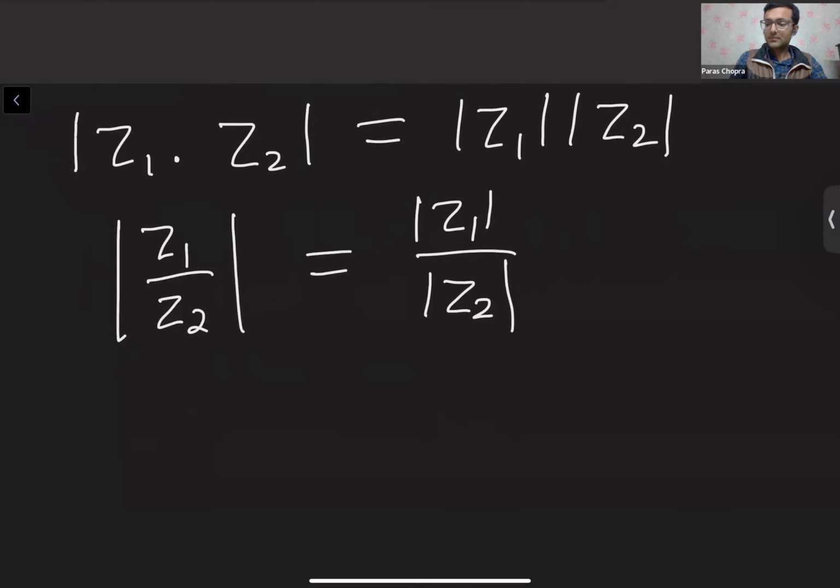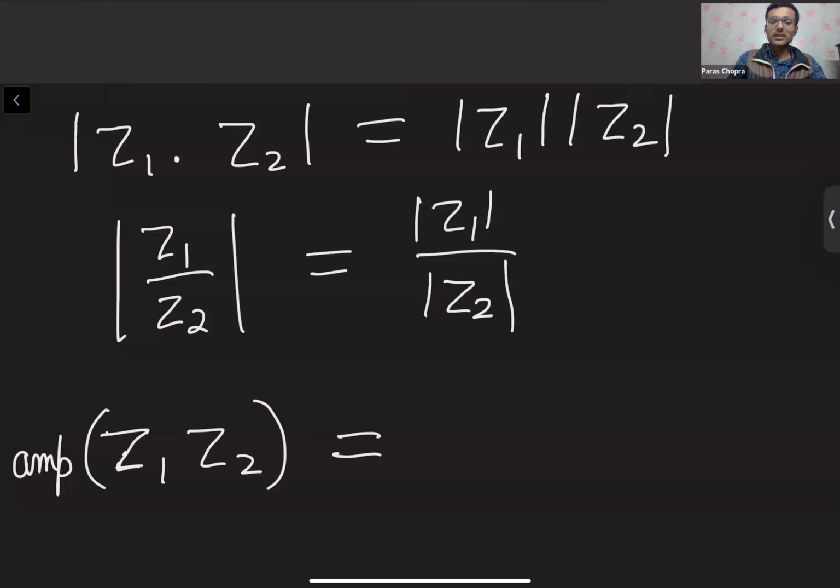Okay. Then the amplitude or the modulus of z1 times z2, this is equal to the amplitude of z1 times the amplitude of z2.